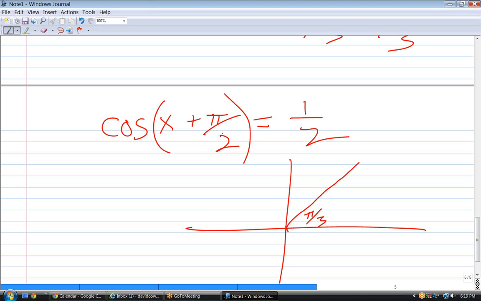Because notice that when I add pi over 2, I go to the reference angle in the next quadrant. So obviously pi over 3 isn't an answer, because pi over 3 plus pi over 2 puts me in the second quadrant. So that's not going to give me a positive 1/2.